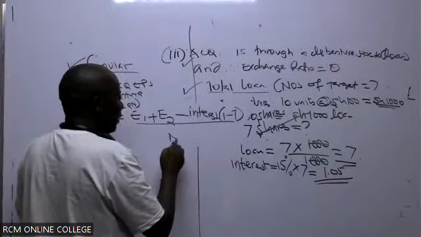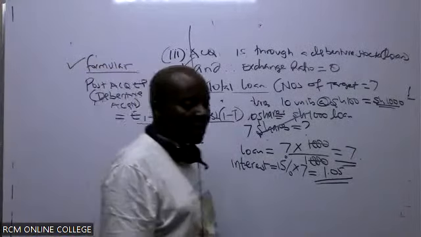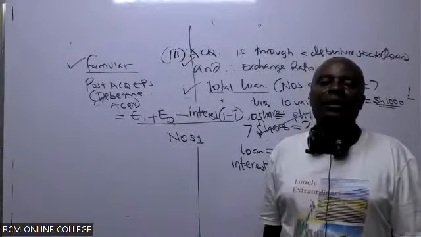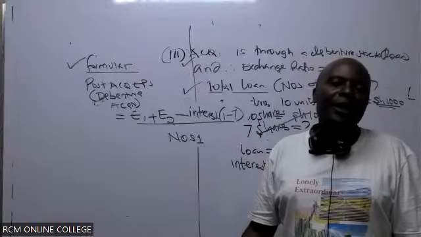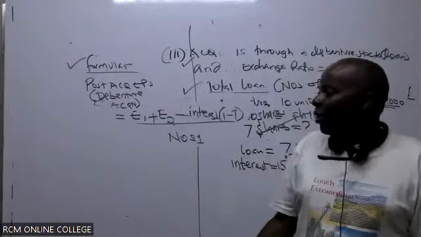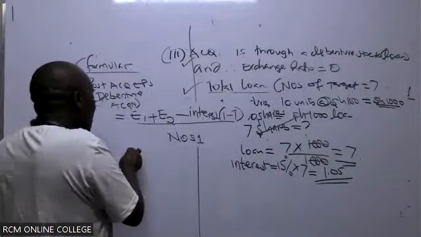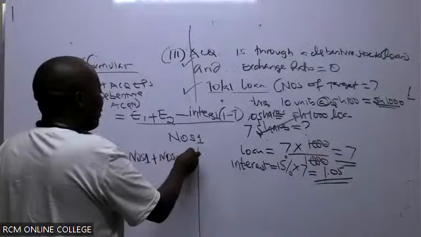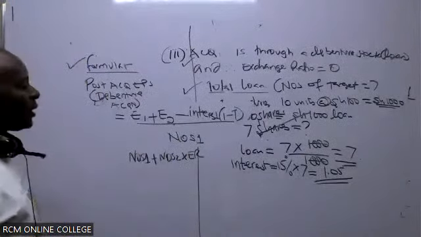Everything to be divided by NOSE 1. Why are we not bringing NOSE 2 here? Because the exchange ratio is 0. At the end of the day here, the denominator should have been NOSE 1 plus NOSE 2 times exchange ratio.